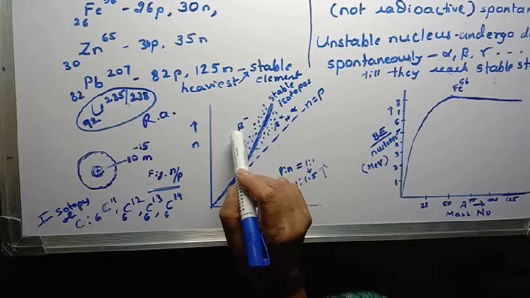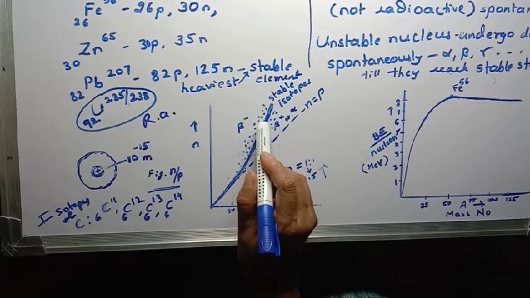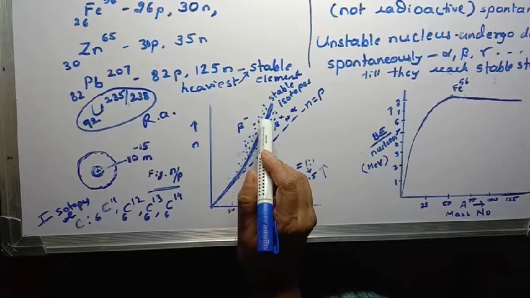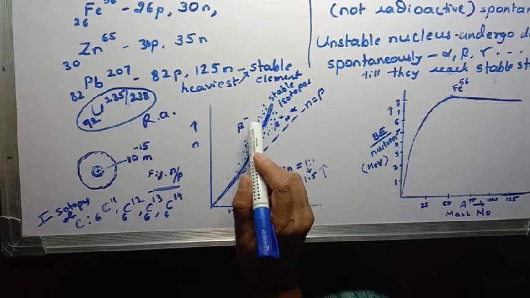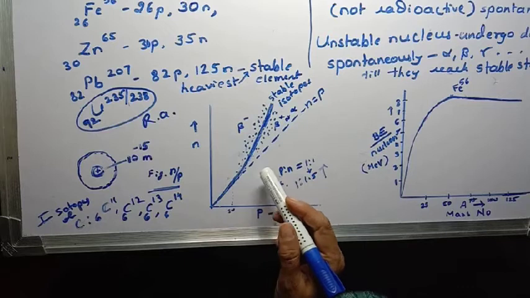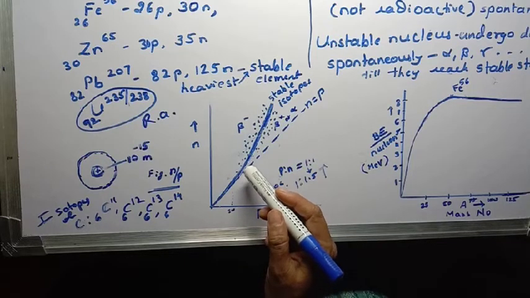And those elements which lie above or to the left of the line are unstable, and they enter this stability belt by emitting beta minus particles. So somehow they achieve the stable isotope state.